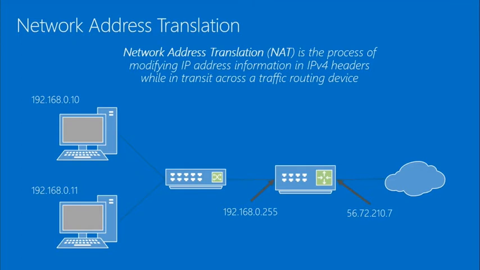But then we have a network address translation device here that translates our internal network to internet-facing. Your device that you get from your internet provider probably has NAT in it. If it doesn't, it probably doesn't connect you to the internet. So odds are that technology is there and working.